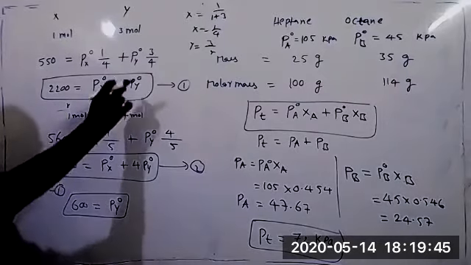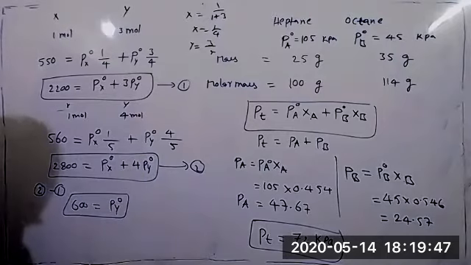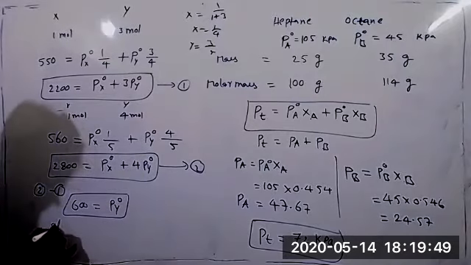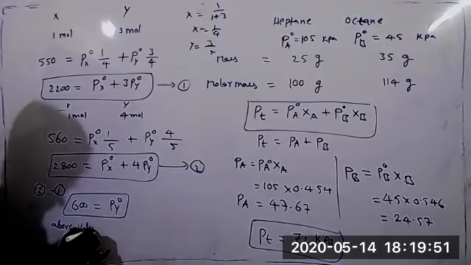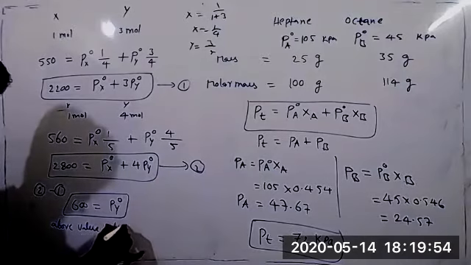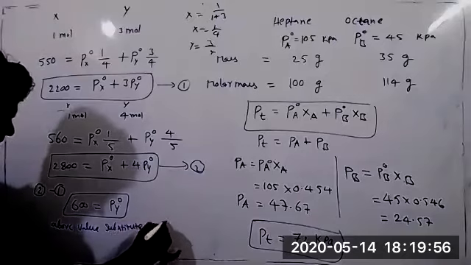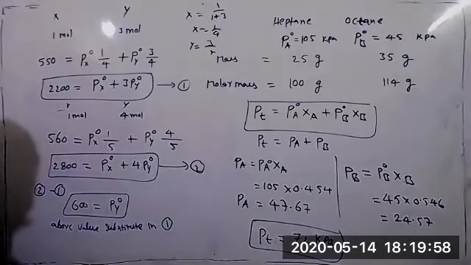Then this value is substituted here. This is 1800.